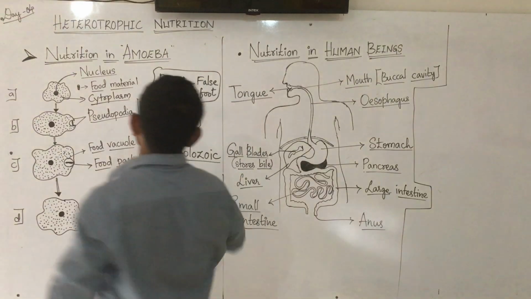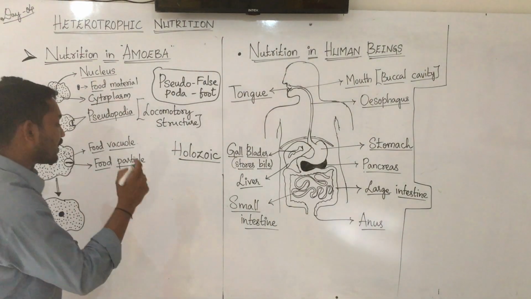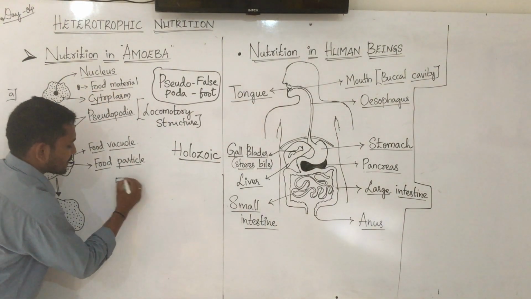The nutrition in amoeba takes place in 5 different steps.